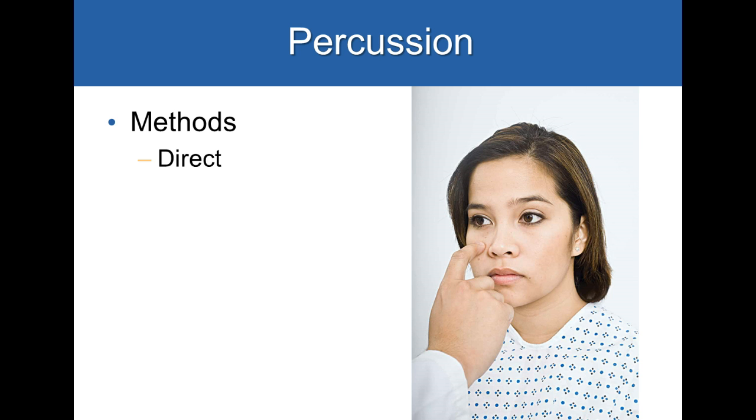The next method of assessment is percussion, and direct percussion is tapping the body with fingertips of the dominant hand. For example, you see in this picture that the provider is tapping on the sinuses of this adult.